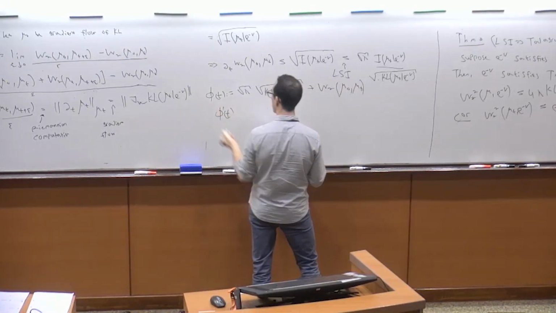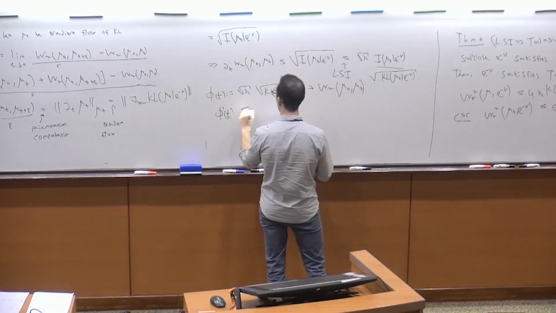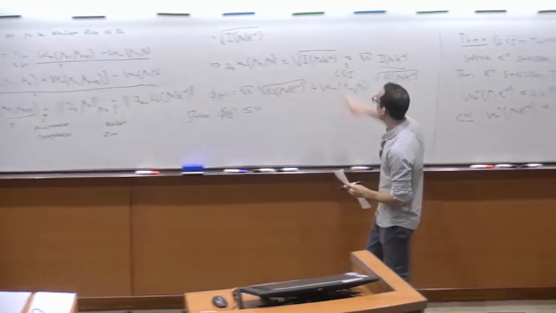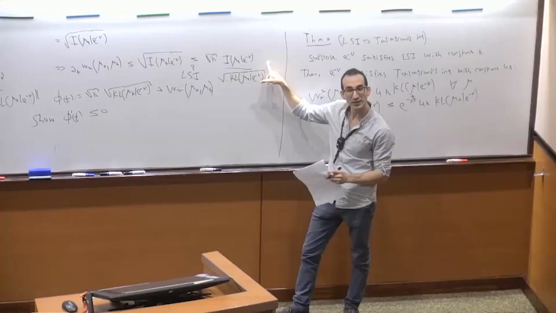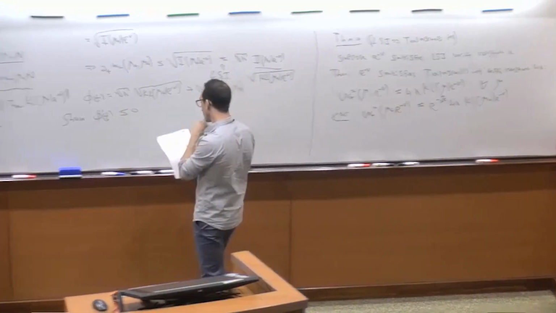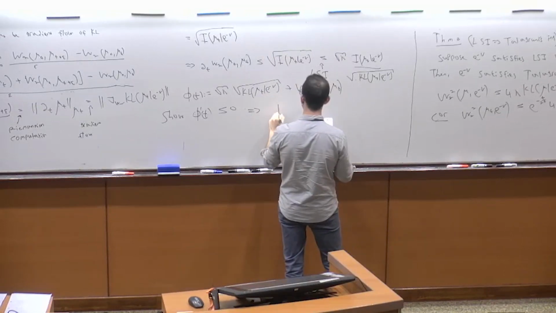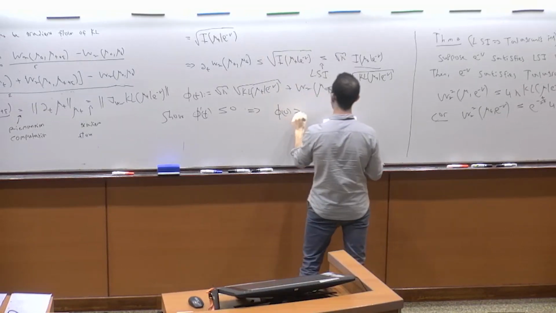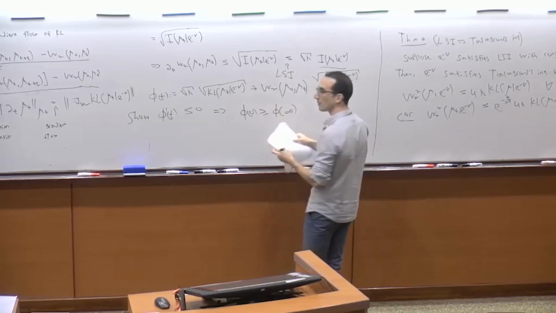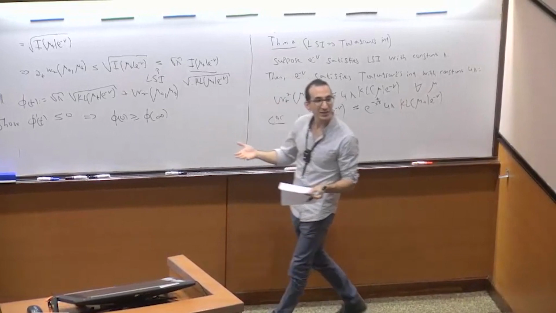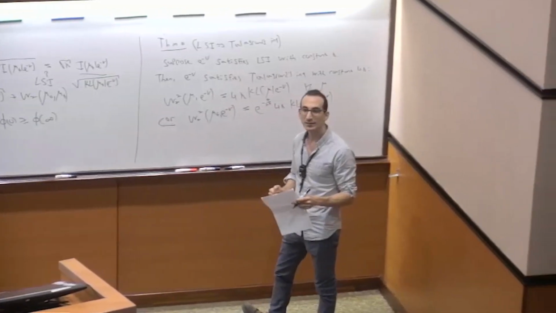You differentiate phi of t, and you show that it's smaller than 0 because of the inequality here. Once you show the derivative is smaller than 0, you conclude that phi of 0 is greater than phi infinity. You compute phi of 0, you compute phi infinity, and you'll get exactly Talagrand's inequality.